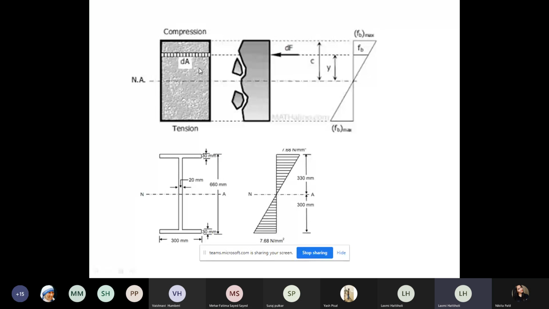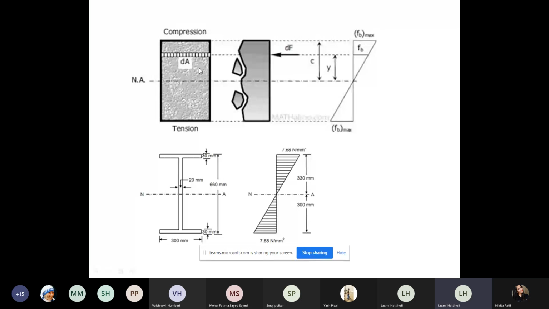Yes or no? Agree for this? I section and rectangular section, can you see the difference here? Can you tell me what is the difference?